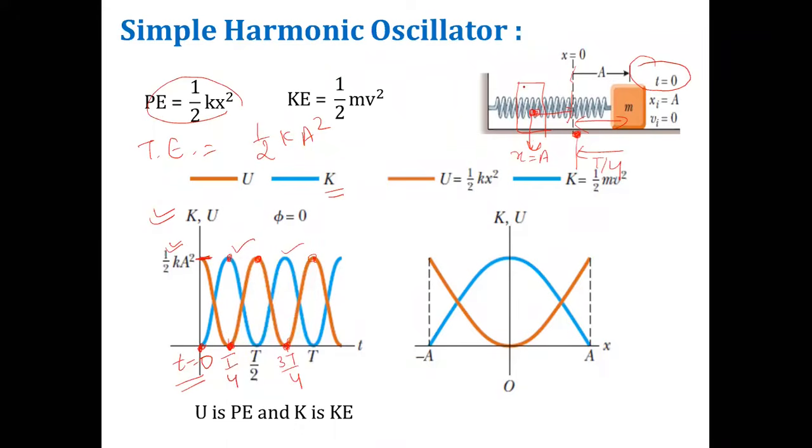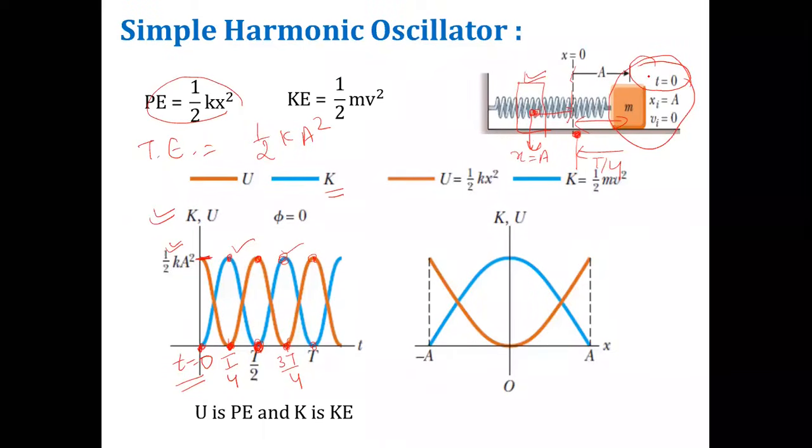At T by 2, you have again come to this point. You have your complete energy in the form of potential energy, and hence your kinetic energy would be 0. At 3T by 4 it is maximum, and again at T you are back to the position from where you started, so your kinetic energy would be 0. So this is how your kinetic energy and potential energy graphs are going to look.